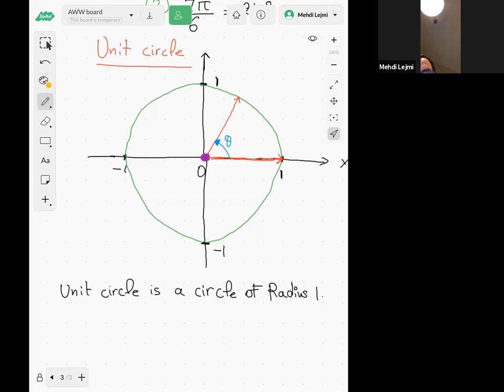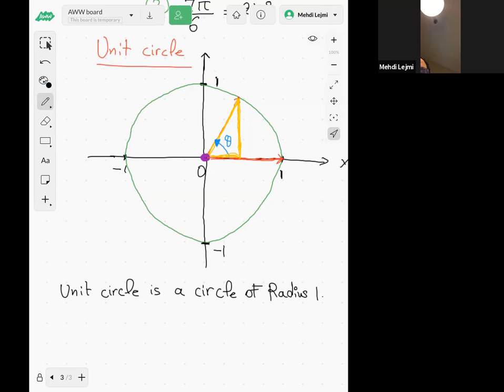If you take this right triangle, the yellow one, again, this is your angle theta.